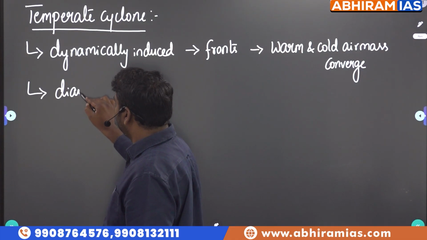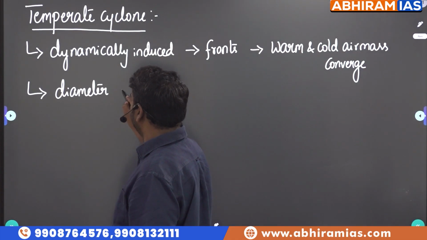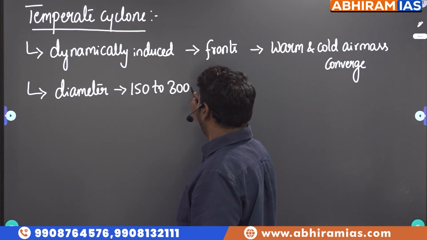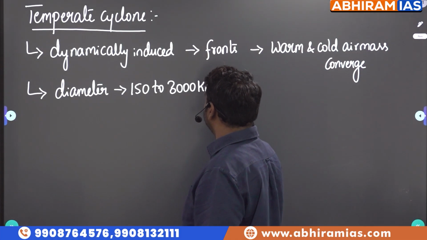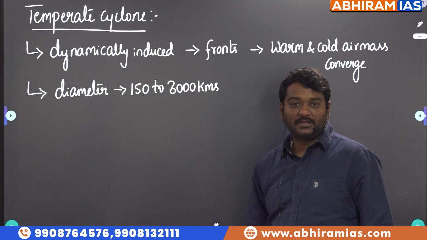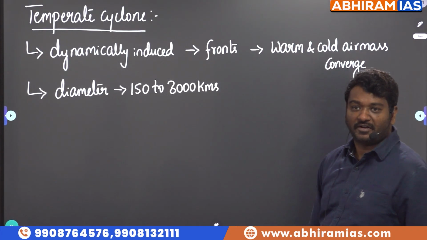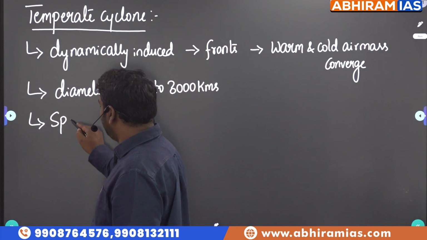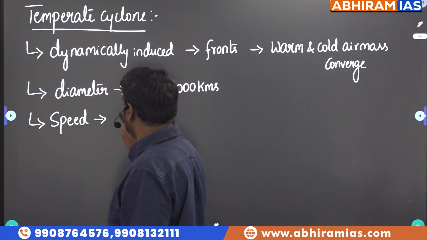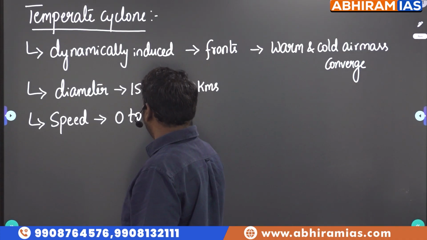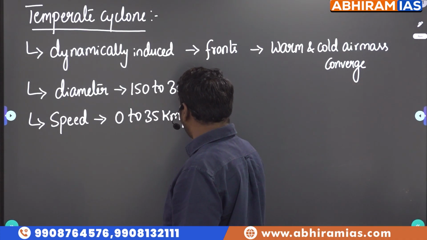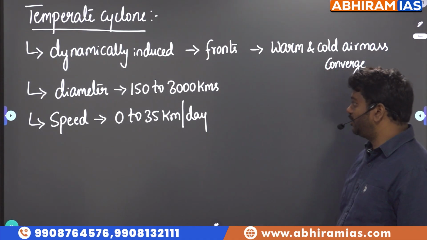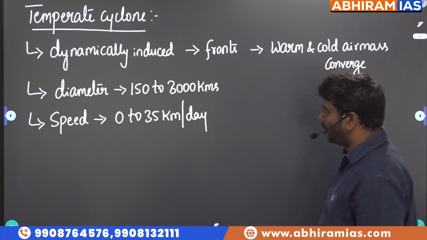Its diameter is 150 to 3000 kilometers. Tropical cyclone diameter is 150 to 300. This is 3000. Speed is 0 to 35 kilometer per day. Remember, it is less speed compared to tropical cyclones.